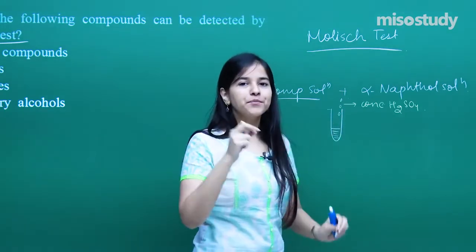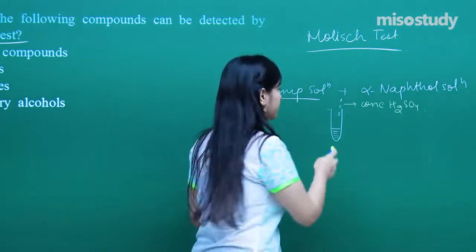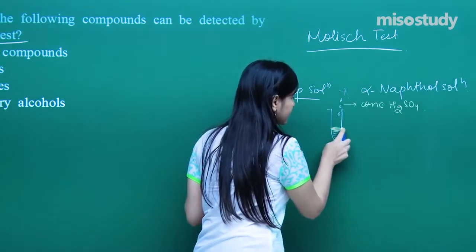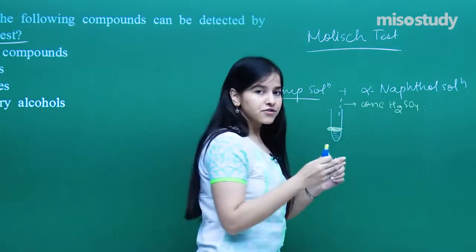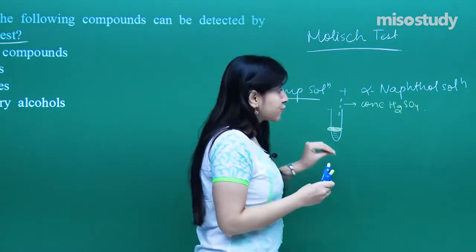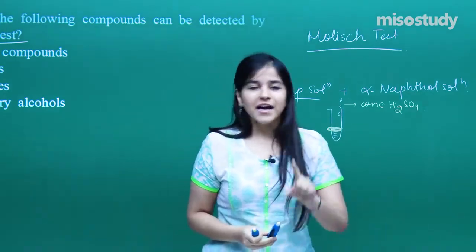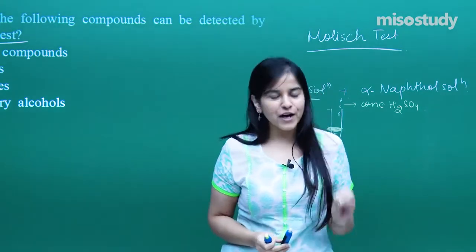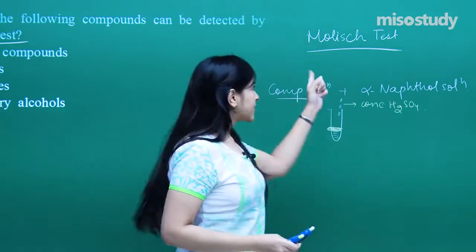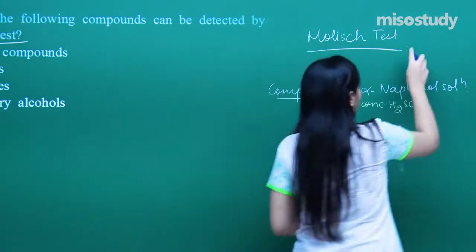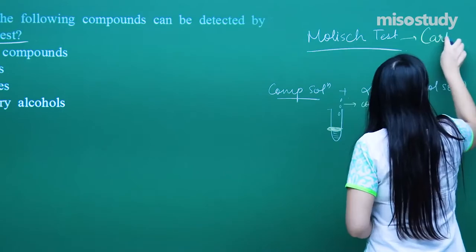What will happen? A beautiful violet ring will appear in the test tube, confirming the presence of carbohydrates. So, the Molisch test is always for the carbohydrates.